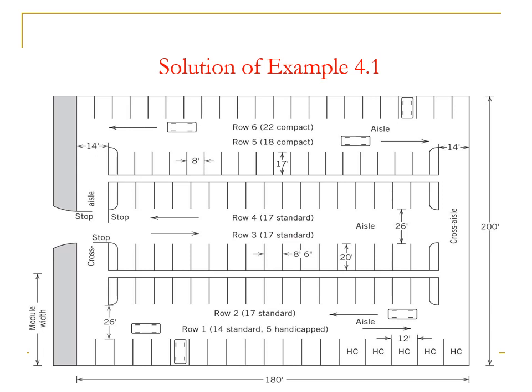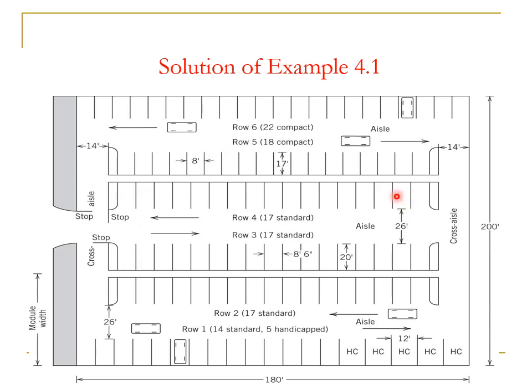Remember, the width was 180 feet and the depth was 200 feet. And we decided to include 1 compact module and 2 standard modules into this depth of 200. Okay, so this is the compact module, double loaded.